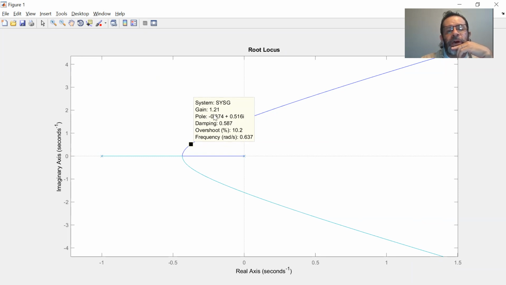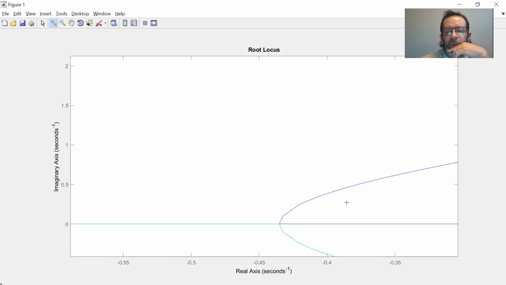And if I go to actually a higher gain, there's a point where the overshoot gets to be more than 10%. So I know that it's around this region. I'm going to do a larger zoom on that region, a finer trace here.